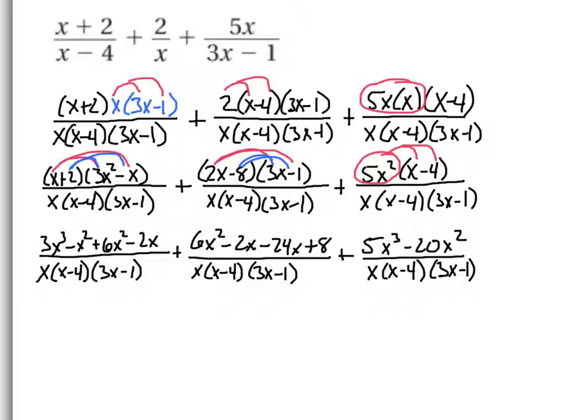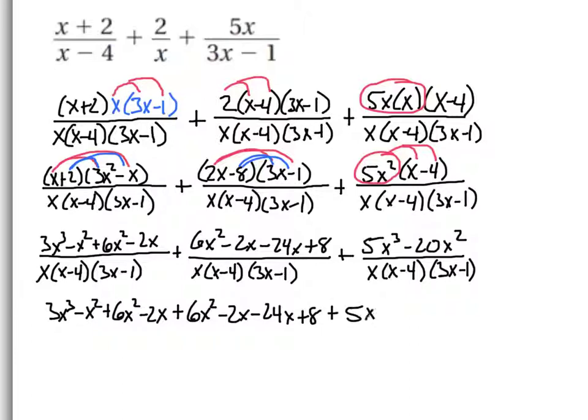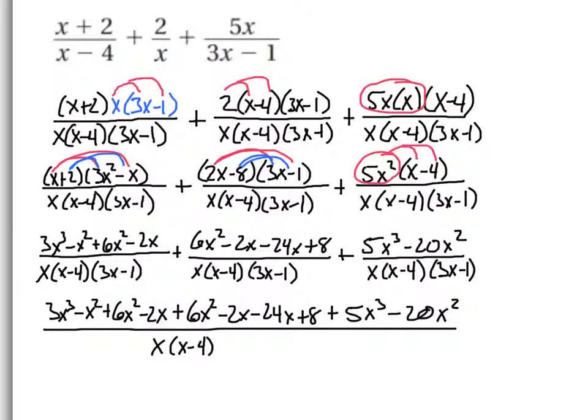It's all addition. So we have 3x cubed minus x squared plus 6x squared minus 2x plus 6x squared minus 2x minus 24x plus 8 plus 5x cubed minus 20x squared, all over x times x minus 4 times 3x minus 1.